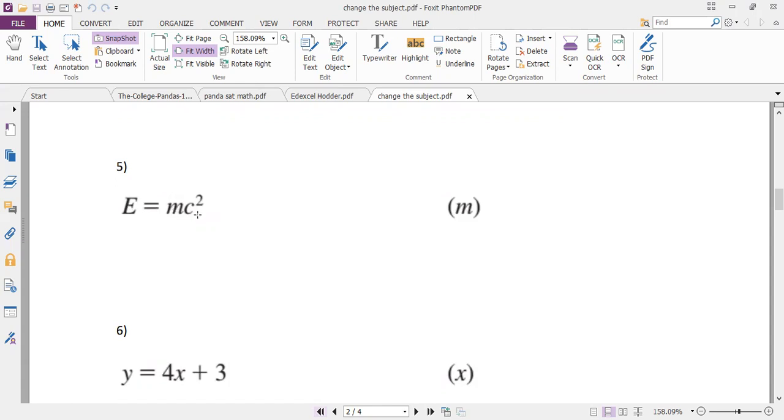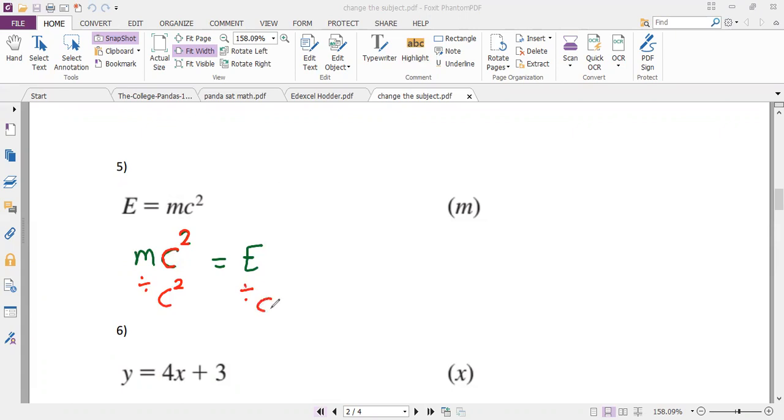E equals MC squared. I want to make M the subject. So I have MC squared equals E; I just switched over the sides. I want to get rid of C squared, and M is multiplied by C squared, so divide both sides by C squared.